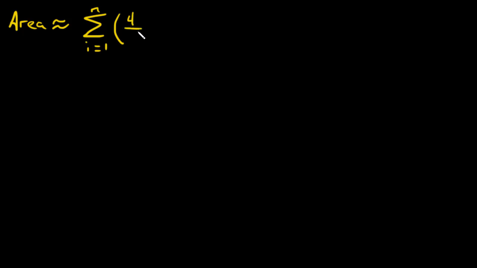So 4 over n times f of 4 over n times i minus 1. That's a lot of parentheses. Should have done a bracket. That's it. That's all that's going to change.